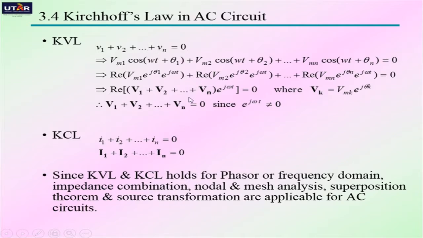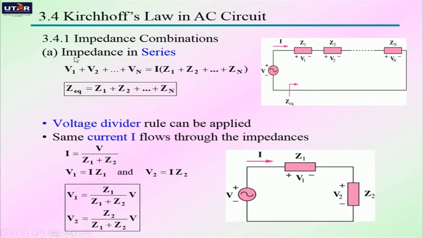In DC circuits we learned that resistance is real, but in AC circuits the impedance can be complex, involving both real and imaginary parts. The same goes for voltage and current; they could be real and imaginary as well.